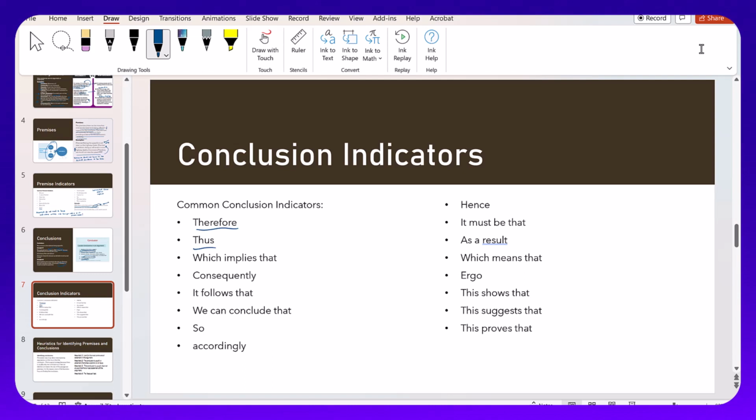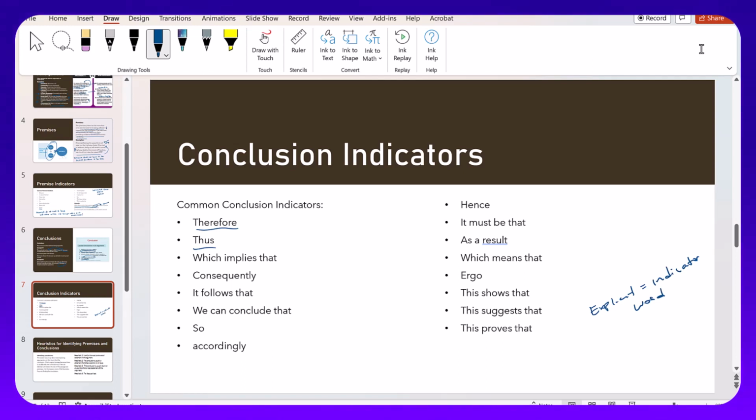You see these are often used to make that connection clear. Anything that's explicit is almost always going to have an indicator word. You just have to look out for the implicit ones that don't have indicator words.